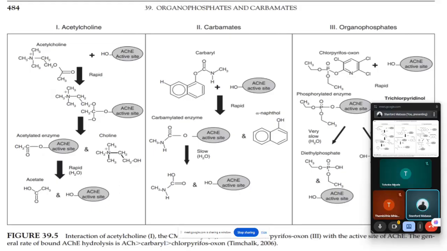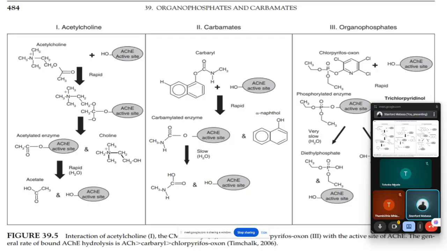Here on this chart, you are not supposed actually to remember all of this, but I'm trying to illustrate something. The first one, we have got acetylcholine in a normal system, and the enzyme. First, you have got a rapid reaction. If you combine these two, they will join together.